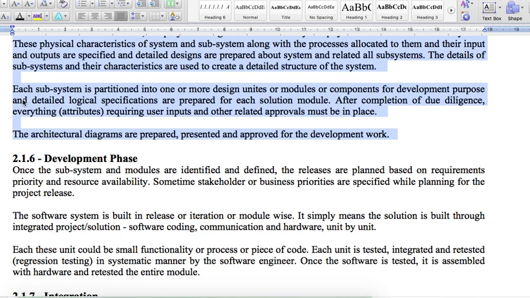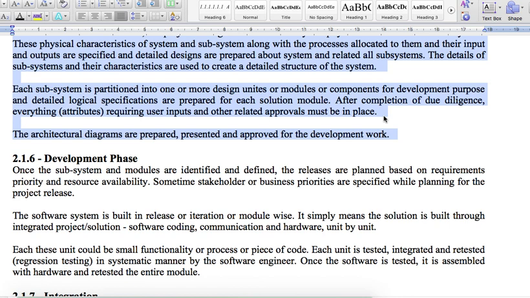Now here we talk about each subsystem being partitioned into one or more design units or modules or components for development purpose, and detailed logical specifications are prepared for each solution module. After completion of due diligence, everything, that is attributes requiring user inputs and other related approvals, must be in place.